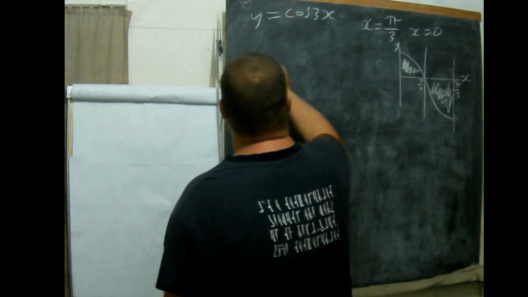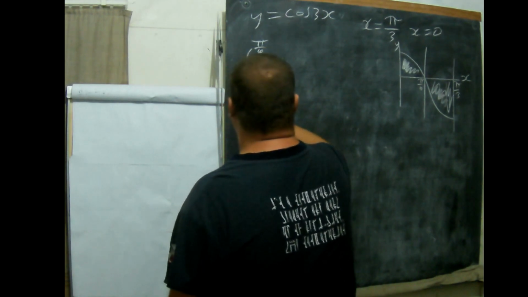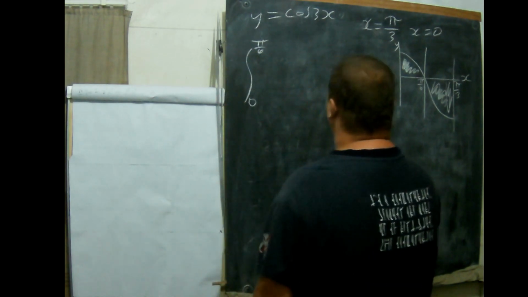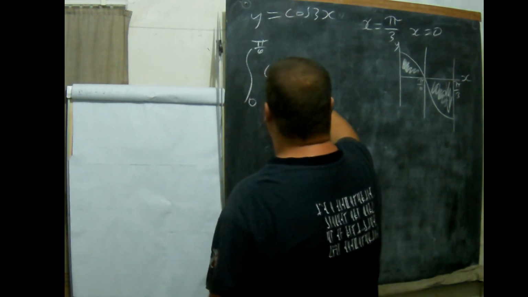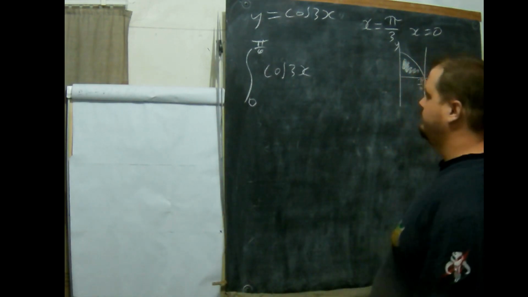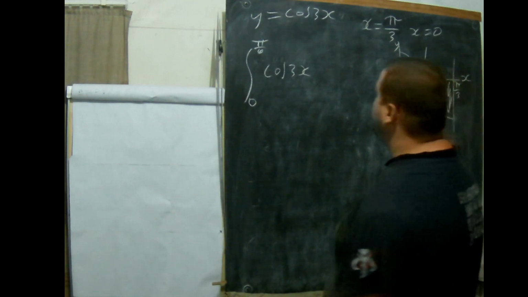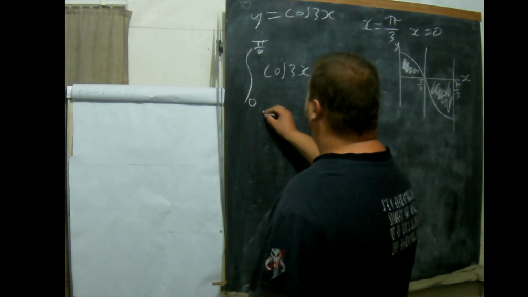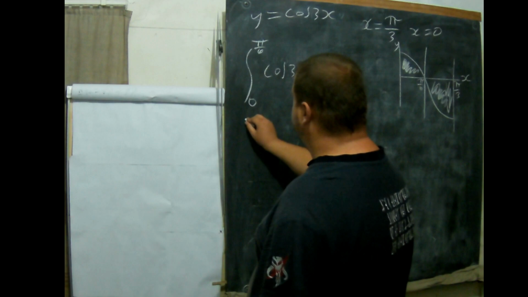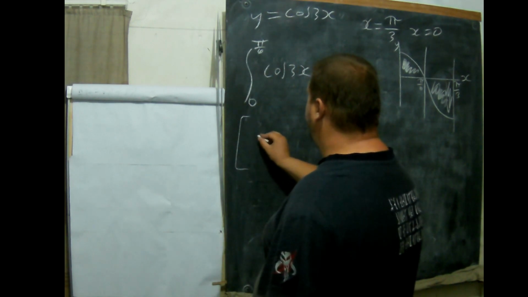So we've got the integral from 0 to pi over 6 of cos 3x. We've got our upper limit and our lower limit. Now we're going to integrate cos 3x.